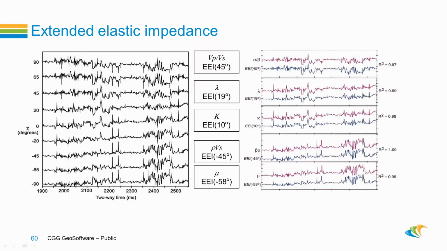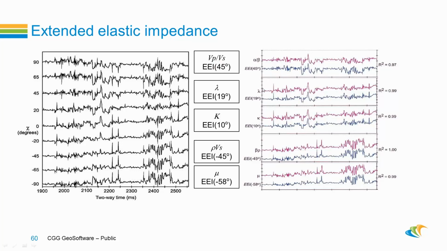For example, in this case, I am showing the extended elastic impedance calculated from logs for different chi angles, and I have a VP/VS ratio log, a lambda log, a K log, rho, VS, and also a mu log here. At each chi, for example, if I want to estimate VP/VS out of seismic data, I can just apply extended elastic impedance at 45 degrees, and I can estimate VP/VS.